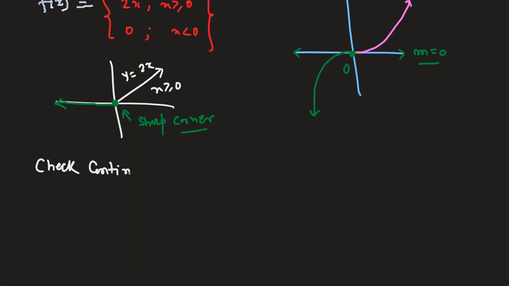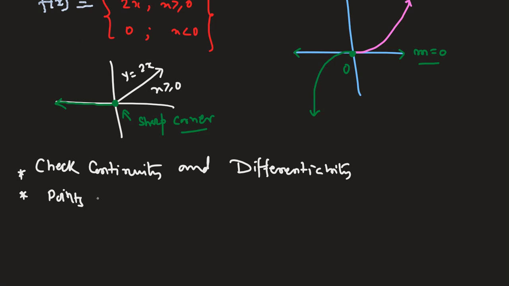Sometimes they ask to find the number of points of discontinuity. Sometimes they ask to find the total number of points of non-differentiability, where the function is non-differentiable. This type of question, like 15 to 20, we are going to solve in the next video.